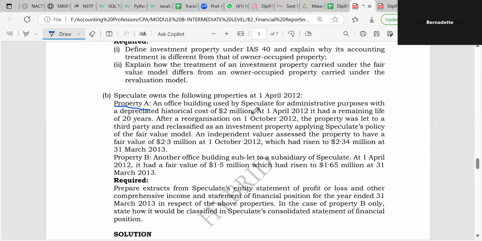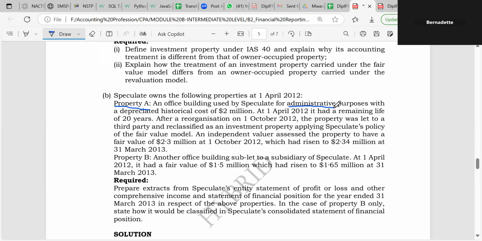First of all, until here, without going any further, how would you classify this building? Is it classified under IAS 16 or IAS 40? IAS 16, because of the word administrative, purpose.